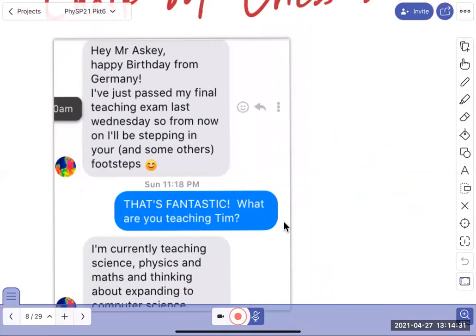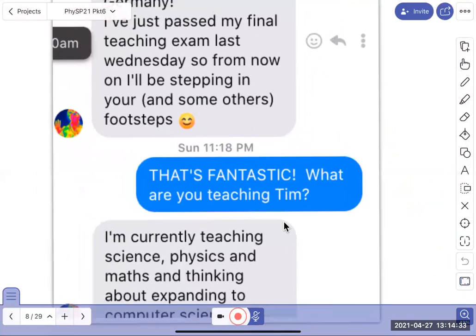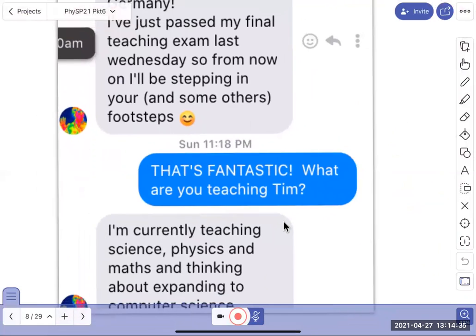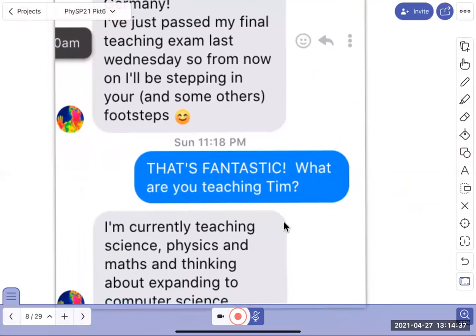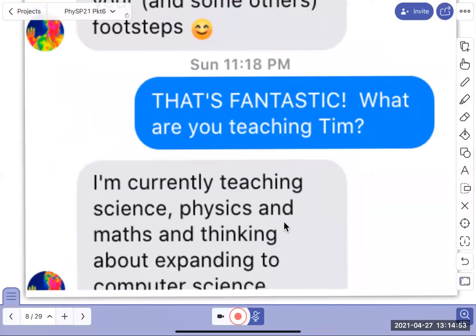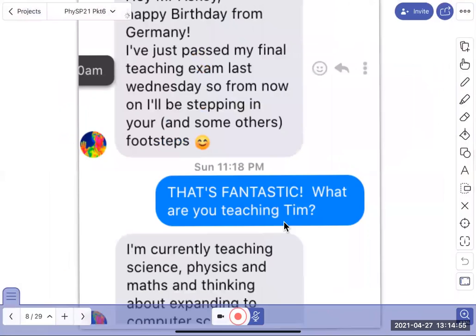I got this from a student a couple days ago, and he's in Germany, Tim Yallis, and he said, I just passed my final teaching exam last Wednesday, so from now on, I'll be stepping in yours and others' footsteps. And I said, that's fantastic. What are you teaching, Tim? He said, I'm currently teaching science and physics and math. So that's kind of cool.